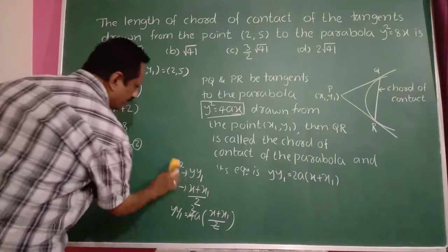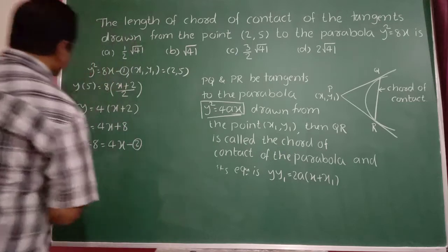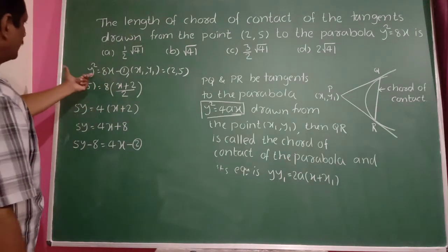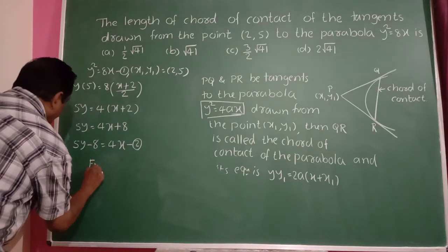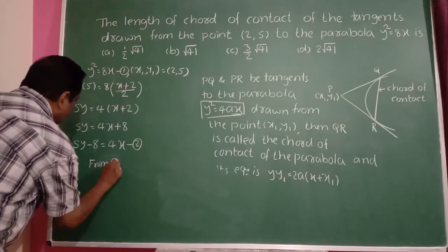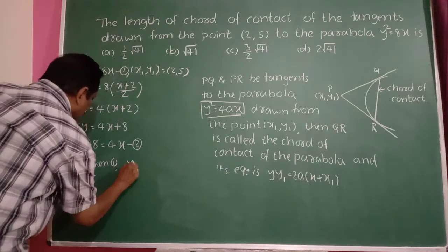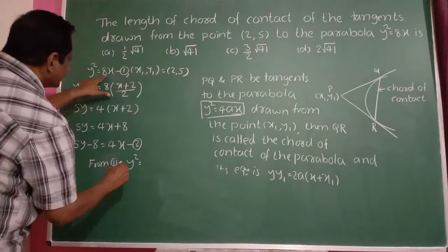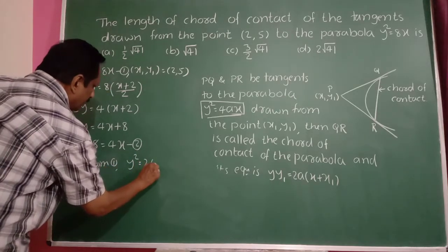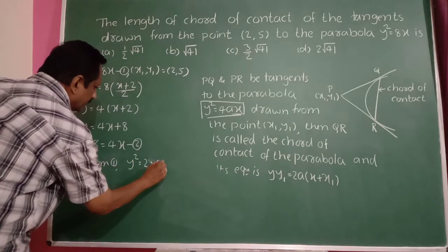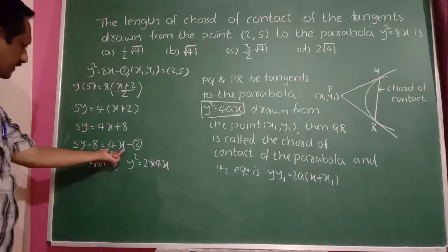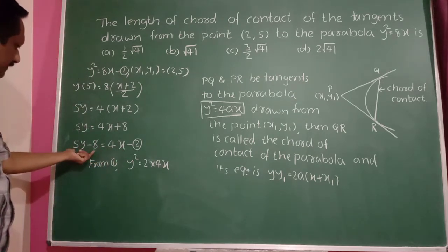Therefore, in this case, use this result. From equation 1, y squared equals 8x can be written as 2 into 4x. Replace this 4x with 5y minus 8.